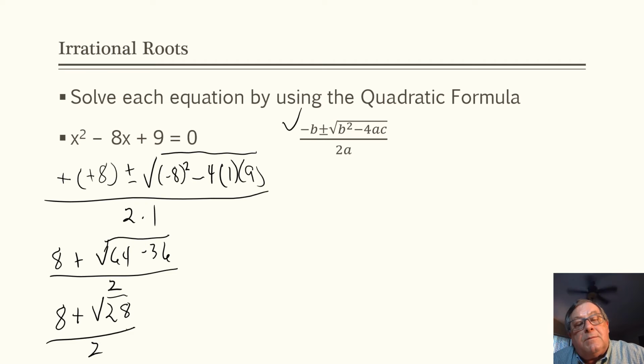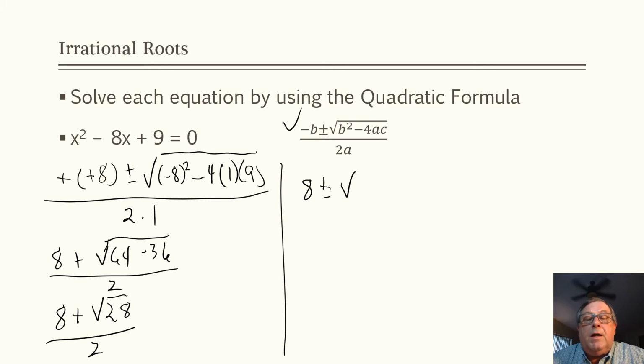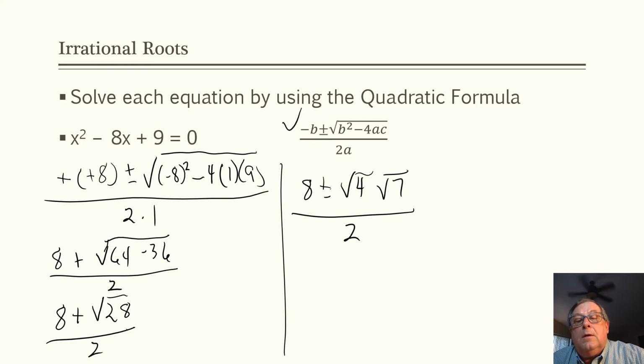Now, I can do some simplification on that. 28 does have a perfect square contained in it, one of the multiples of that. So I could say it's the square root of 4 times the square root of 7 over 2.